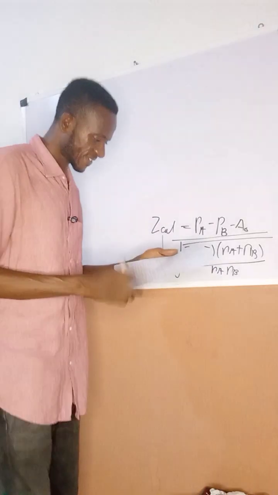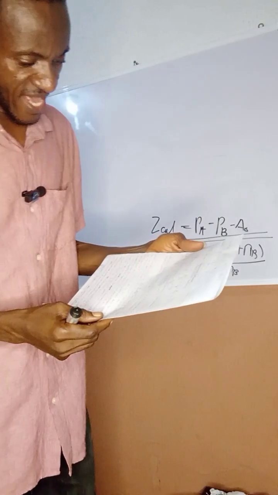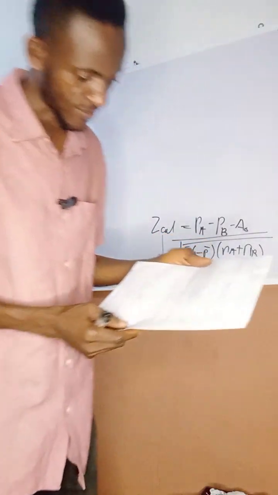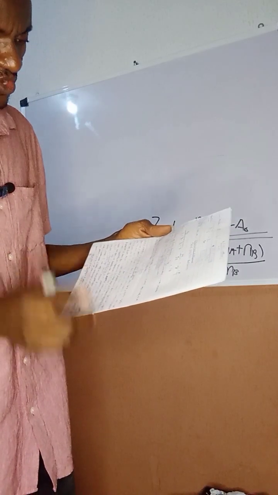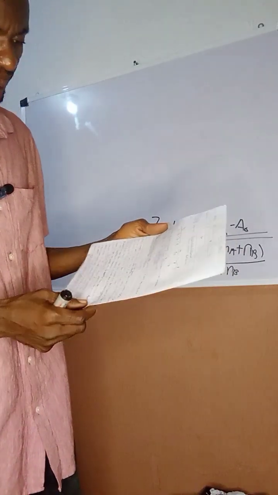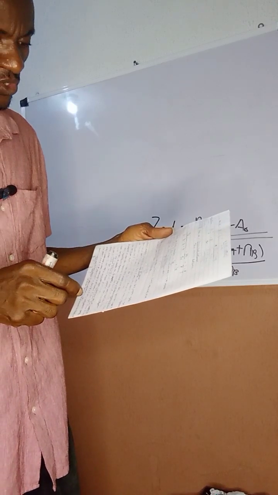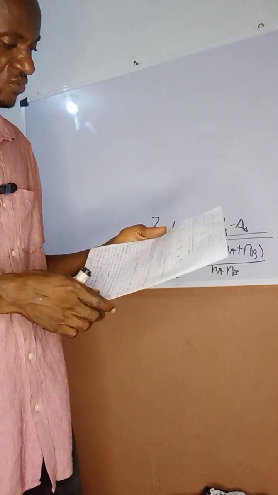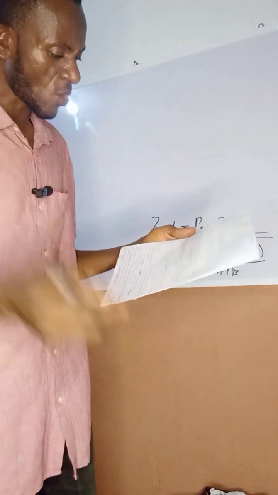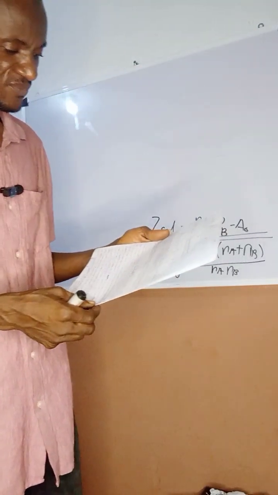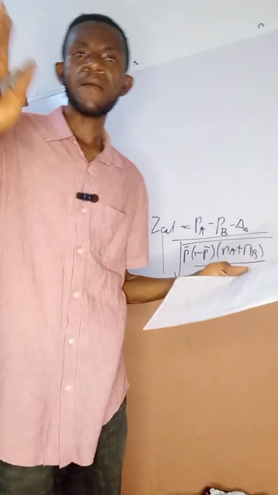That question says, a director of a given government parastatal claims that the proportion of employees, men, who are married is the same as the proportion of women who are married.